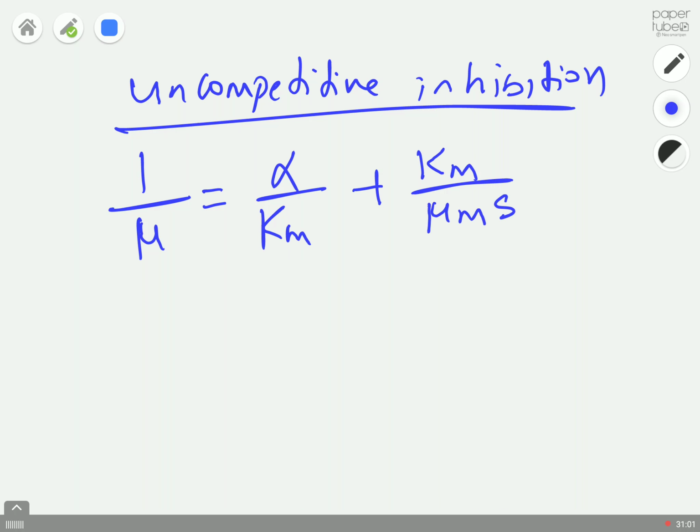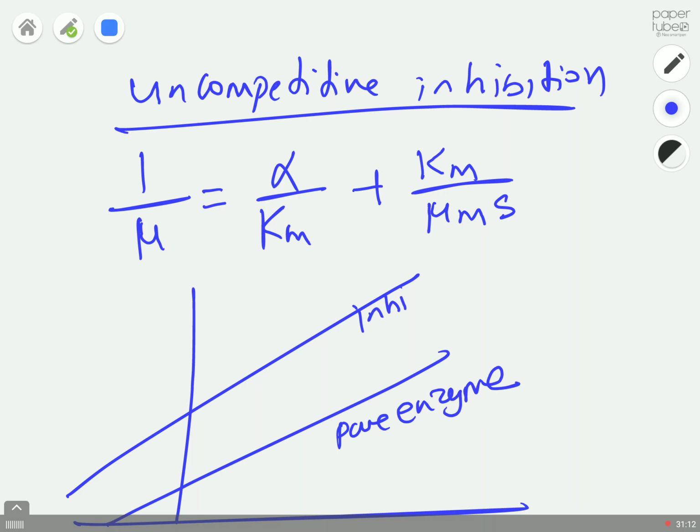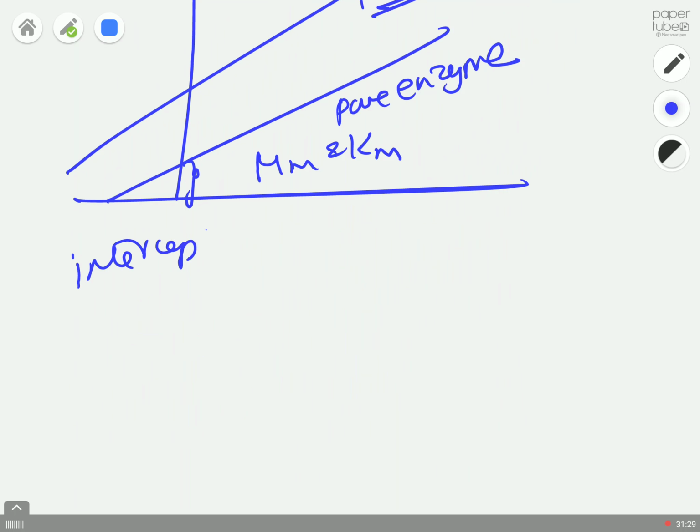So that's your equation. So you will get something like that. So this will be for your pure enzyme. And this is for your uncompetitive inhibitor. From this intercept, you can calculate your mu m and Km for the pure enzyme. If you have an uncompetitive inhibitor, then your intercept will be equal to alpha by Km.